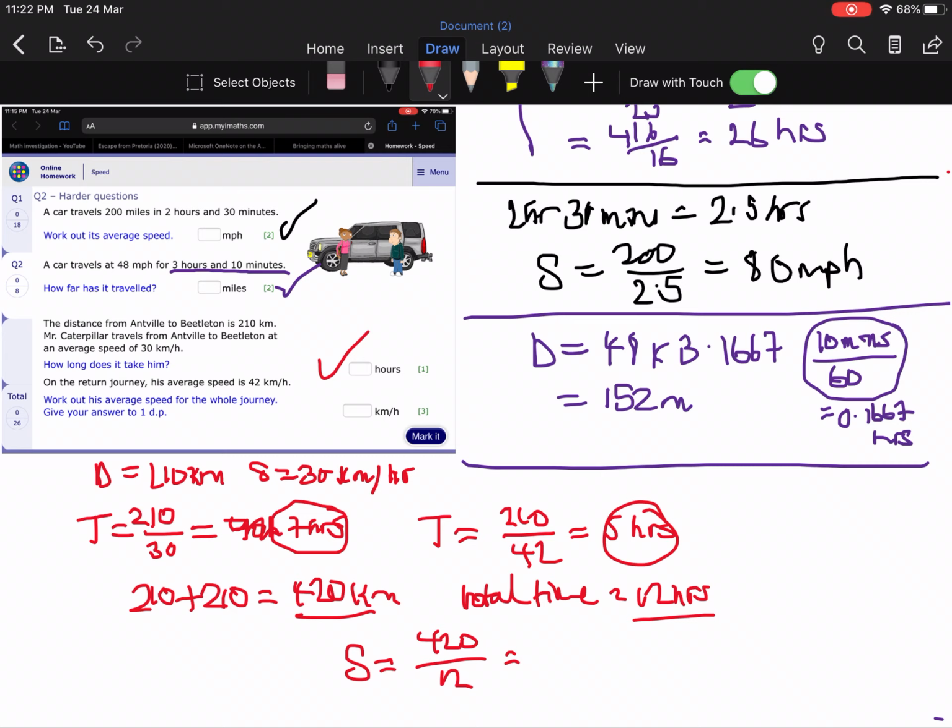Which is going to be 35 kilometers per hour. That makes more sense. Okay, hopefully that task helps you out, guys. I'll do the next one.